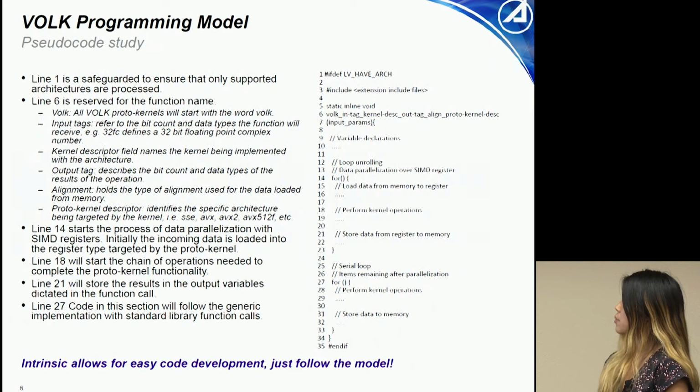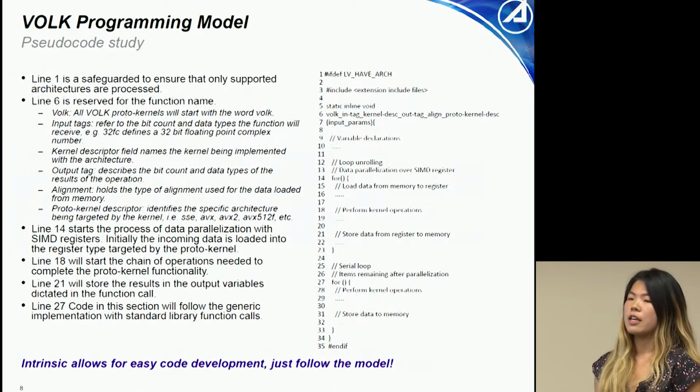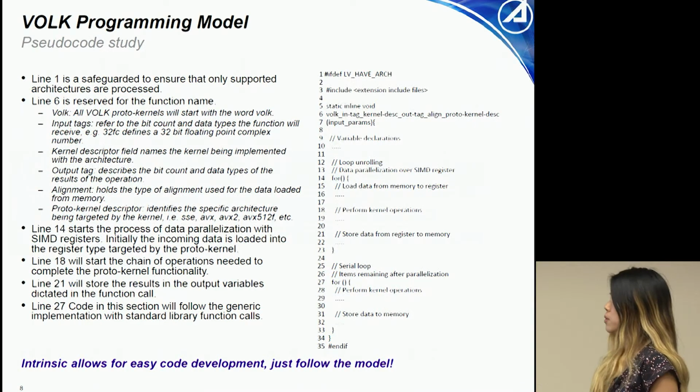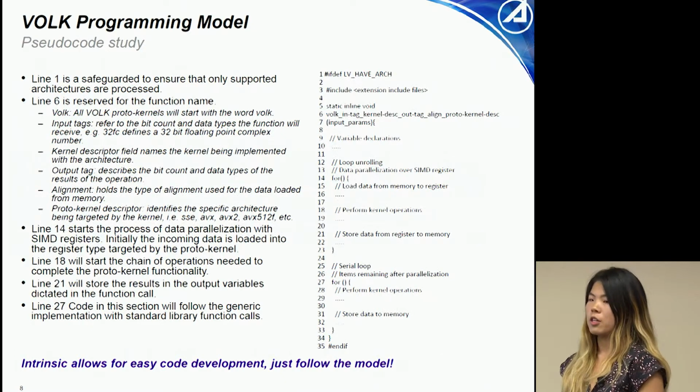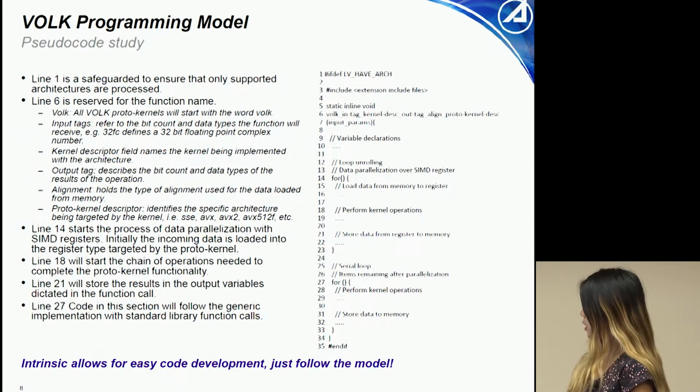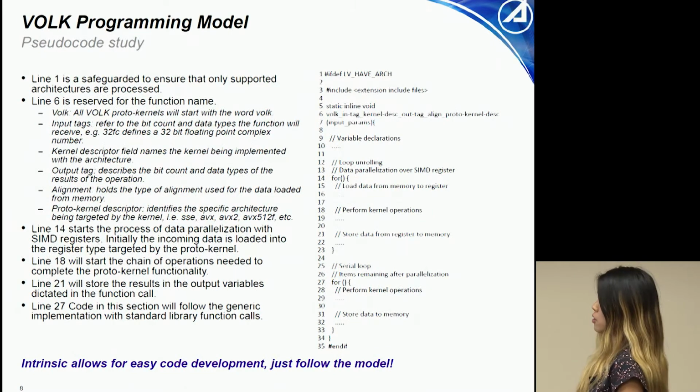Next, we have the alignment. So this indicates if it operates on aligned or unaligned memory addresses. And then finally, there's the protokernel description. And this describes basically what architecture it runs on. So that could be AVX, AVX2, et cetera. Going down, we have variable descriptions, and then we start our loop unrolling process.